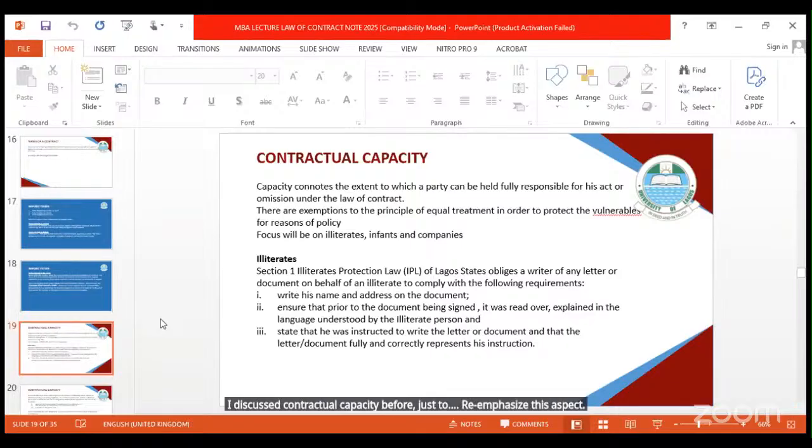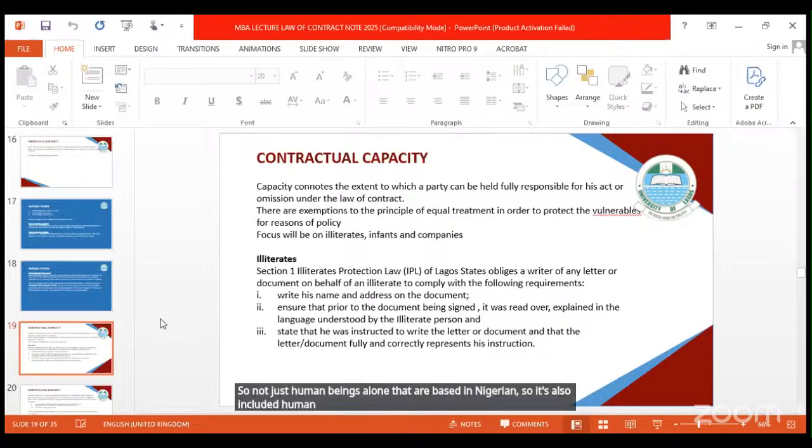We're talking about the fact that one of the elements of a valid contract is capacity. And then we say that, look, the general rule is that a person includes both human beings and artificial beings. So not just human beings alone that are based in Nigeria, it also includes artificial beings.